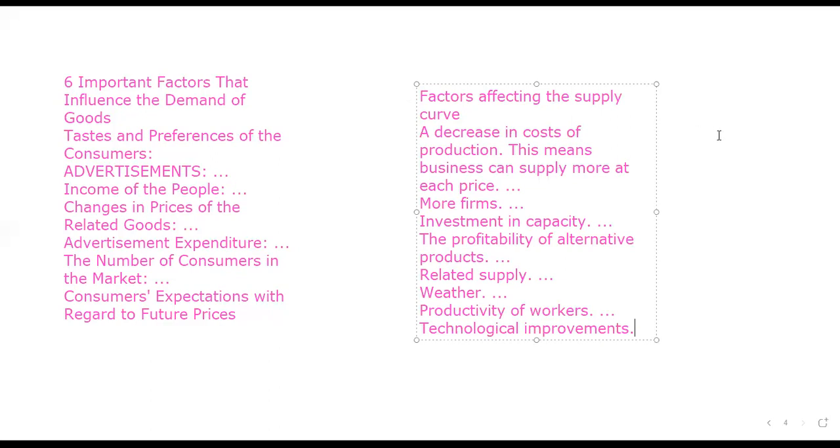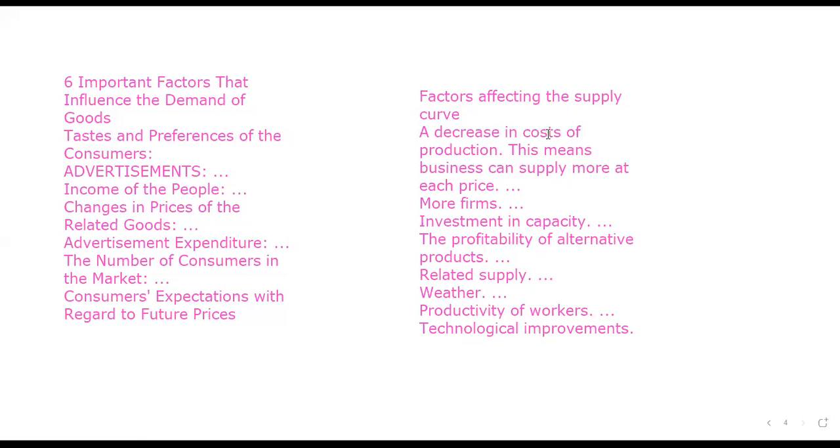Demand. We also talked about the factors that affect supply. Can somebody remember any factors that affect supply? So we say the state of technology, the number of firms. If there are more firms in the market, there'll be a huge supply.